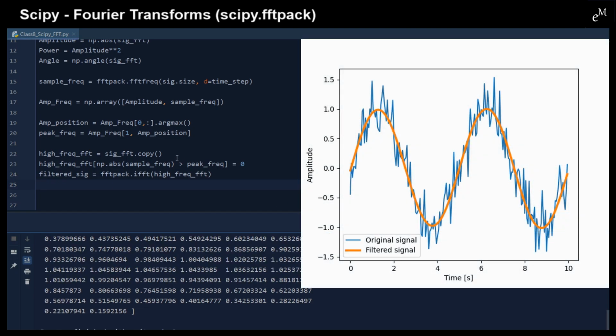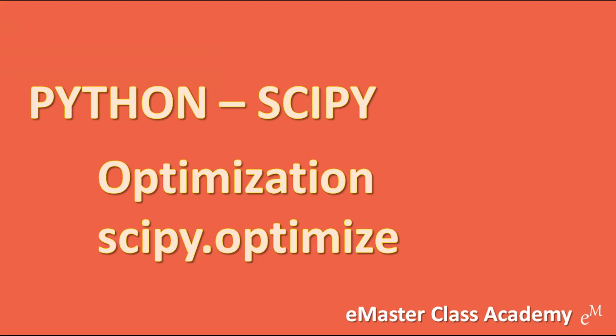So here you can see that by removing all the amplitudes whose corresponding frequency is larger than this peak frequency, and then applying the inverse Fourier transform function, we can get back a nice sinusoidal curve. So by combining the fast Fourier transform and inverse fast Fourier transform, we can remove the noise in the frequency domain, which would otherwise not be possible in the time domain.